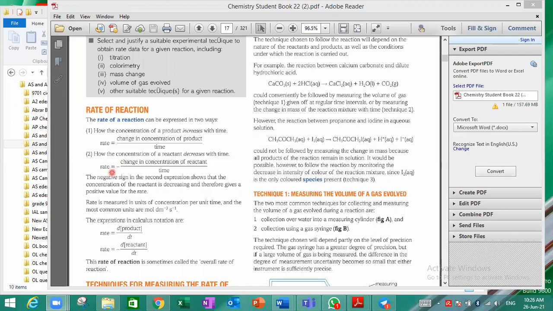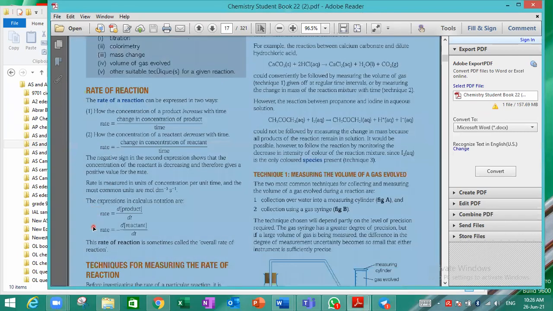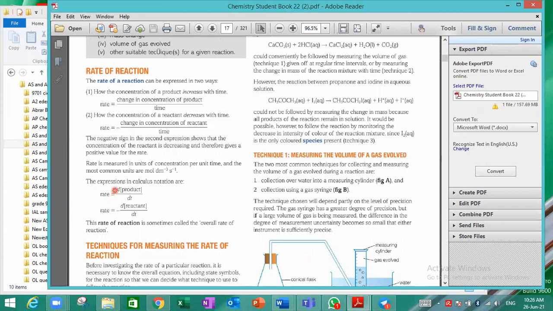Okay, and as a mathematical expression, we say that the rate equals d[product]/dt. d means the change. When we put d, it means the change in the concentration of the product with the change in time, or the change in the concentration of the reactant by the change in time. So this is the mathematical expression of measuring the rate.